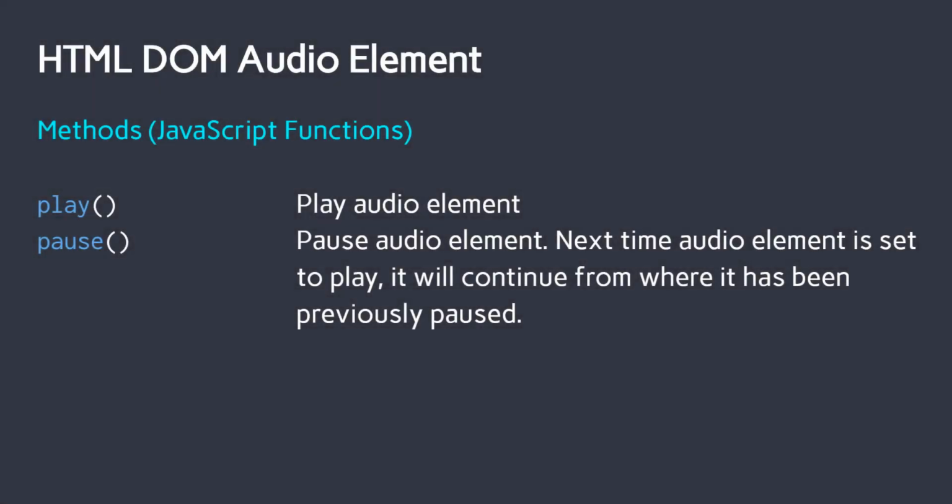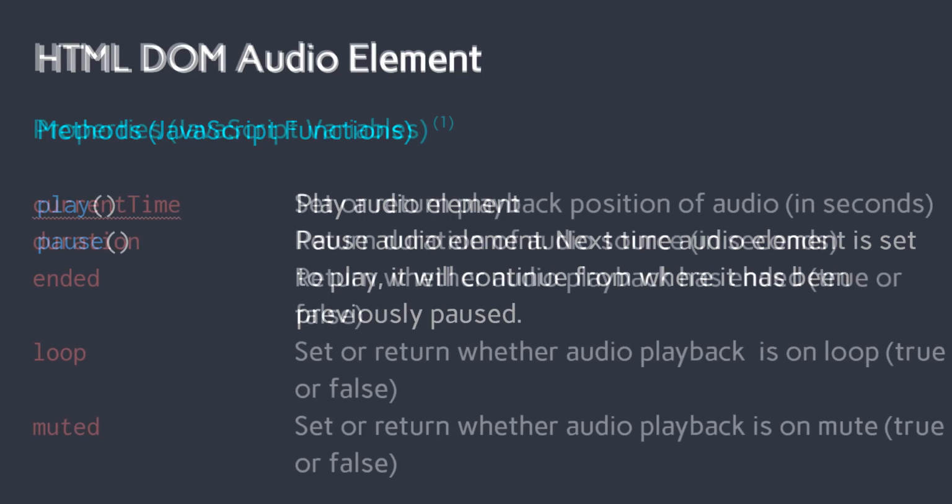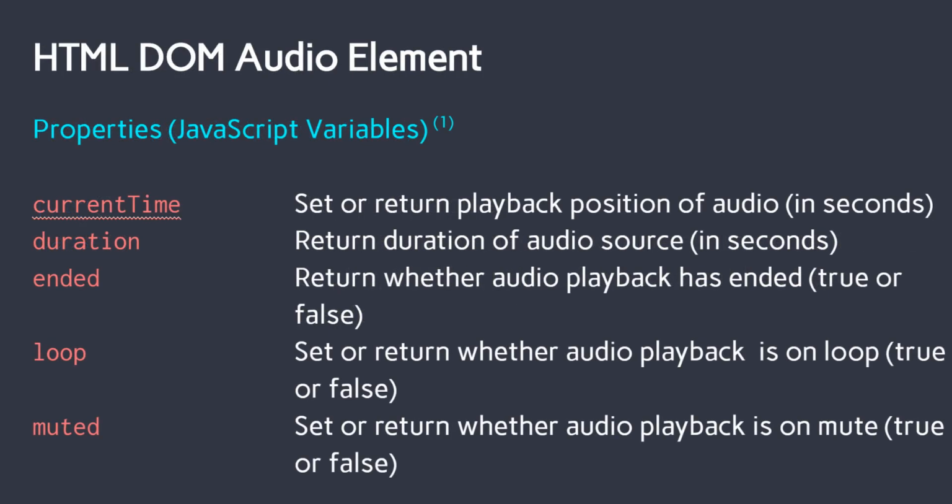Here I'd like to introduce some methods from the HTML DOM. We have the play method that will play an audio element. We don't have a stop method, but we could use the pause method and a property called the current time setting.